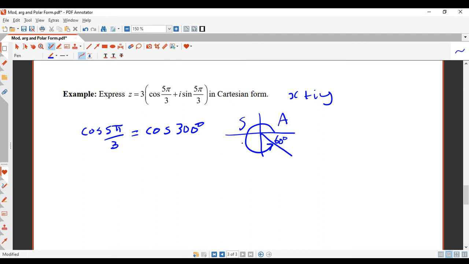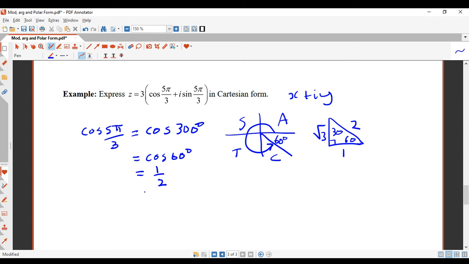So if you're looking at ASTC, cosine of 300 is also equal to cosine of 60, isn't it? So it equals cosine of 60 degrees. And then if you think back to your circle, 2, 1, root 3, 60 in there, 30 in there. So cosine of 60 is a half.